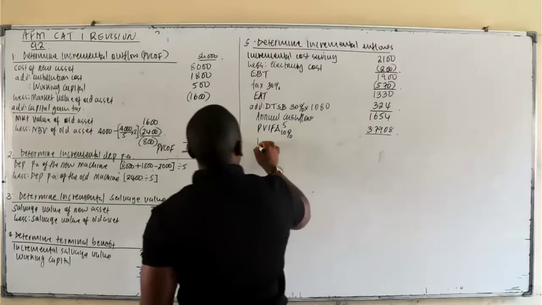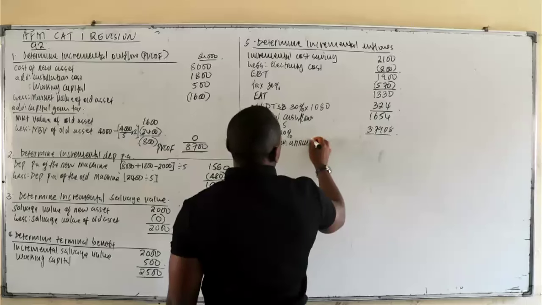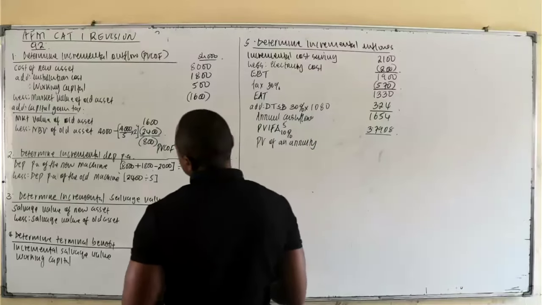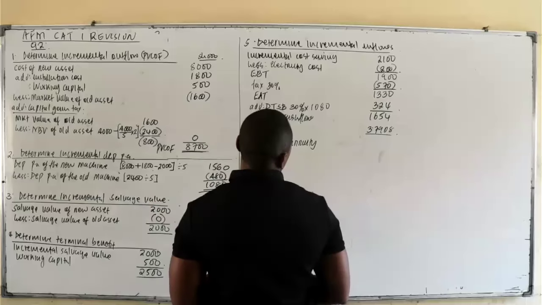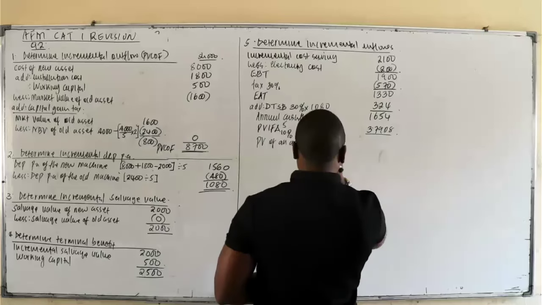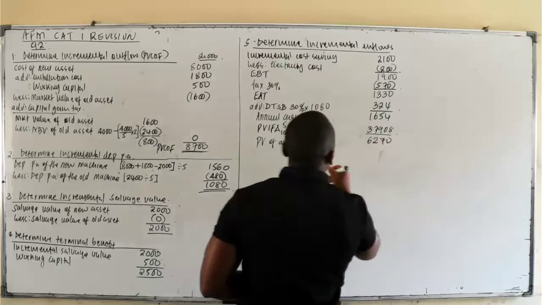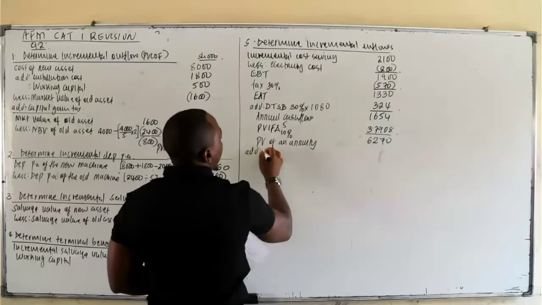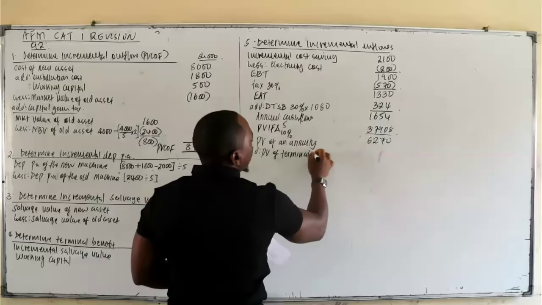And that's how we get the present value of an annuity. 6270. Then we add the present value of terminal benefits.